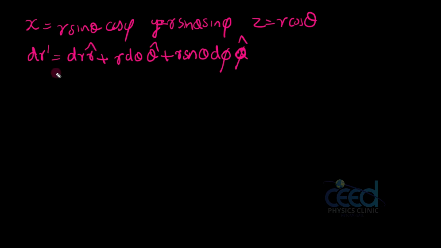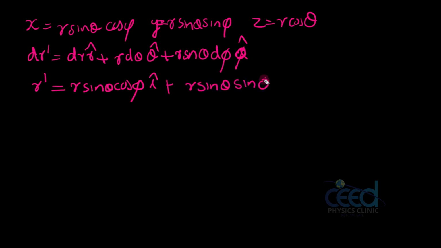So from it I can write r cap. First, how can I represent the position vector r dash? It is r sin theta cos phi i cap plus r sin theta sin phi j cap plus r cos theta k cap.